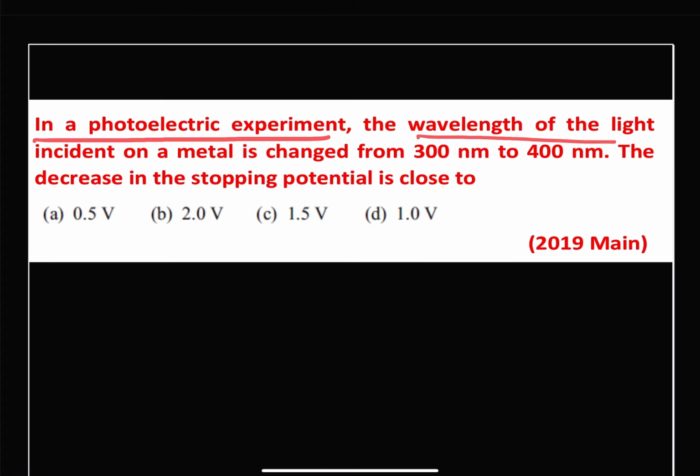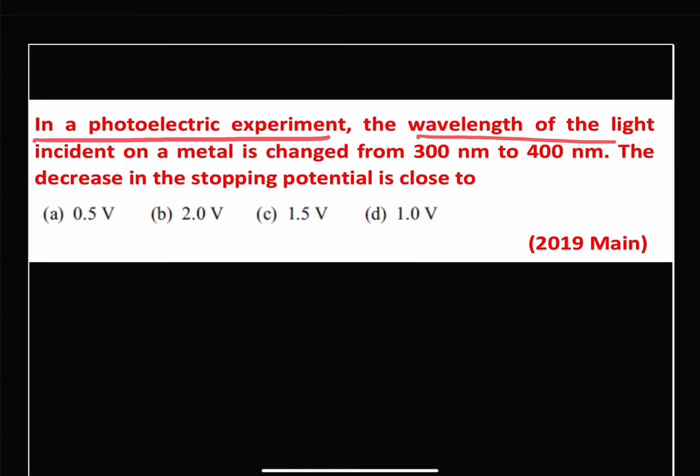And the potential corresponding to lambda 1 is, let us suppose, V1, and corresponding to lambda 2 is V2. Therefore, we can say that decrease in stopping potential, let us suppose that is our delta V, will be equal to V1 minus V2, which we are required to find out.